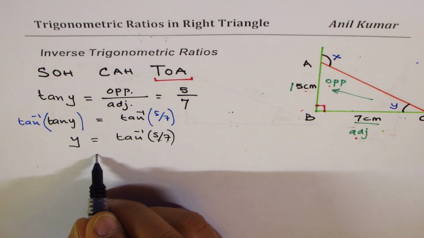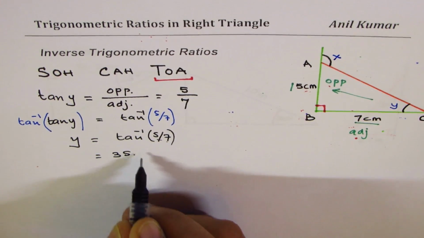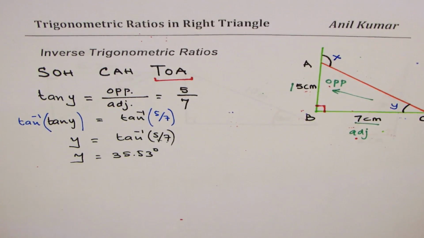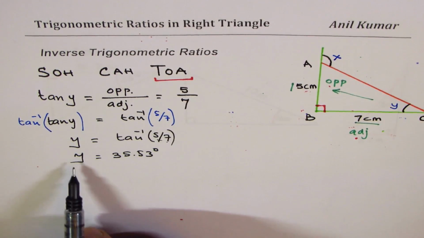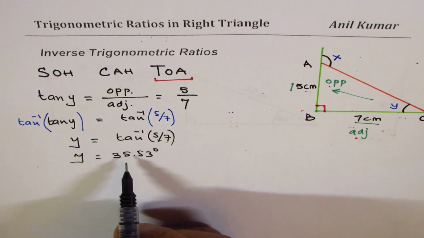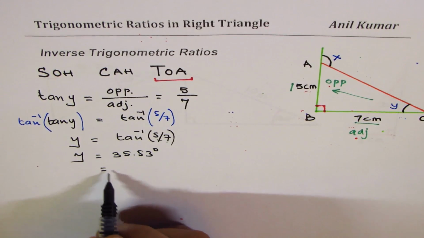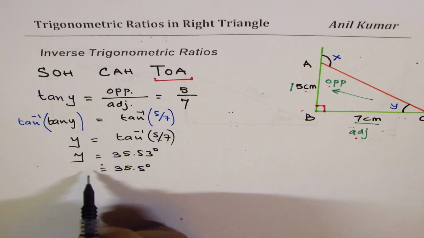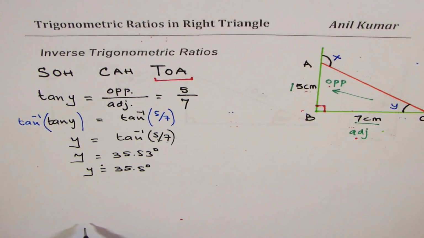So we get an angle of 35.53, and this is in degrees since I've set my calculator to degrees. That is how you find an angle. You can always round this angle to, let's say, 1 decimal place, so we get approximately 35.5 degrees.